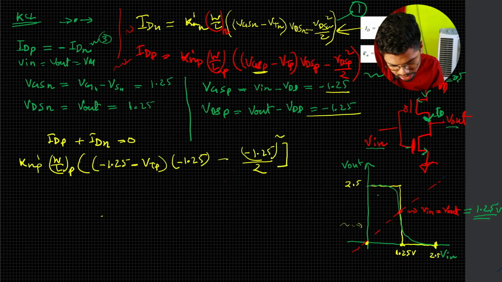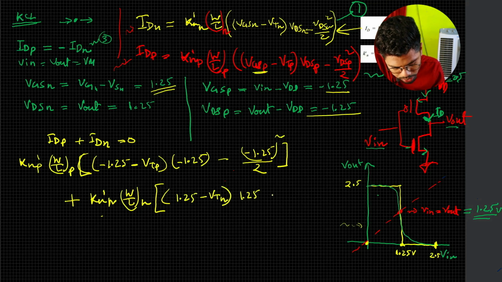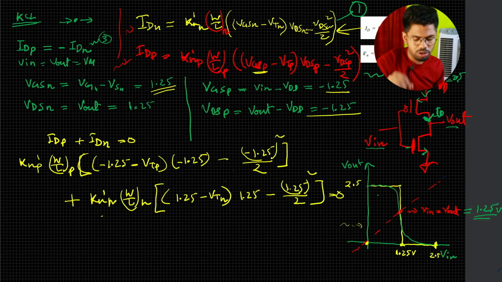And plus the current of NMOS, so that is KN W/L of NMOS, and then your VGSN is already derived, and that is 1.25 again. VTN I don't know here. VDSN is 1.25 minus 1.25 whole square by 2, and this should equate to 0, right?